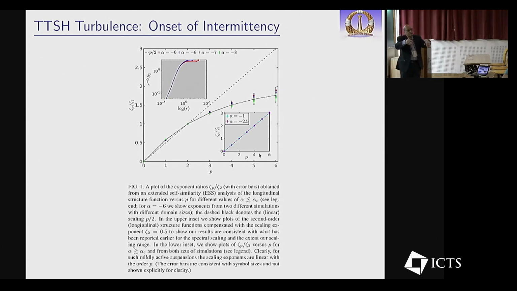You take that difference, raise it to the pth power, and find it in the statistically steady state. And then you find the scaling exponent zeta p, which is r to the zeta p. And if zeta p is a nonlinear function of p, then you say, aha, that's turbulence.